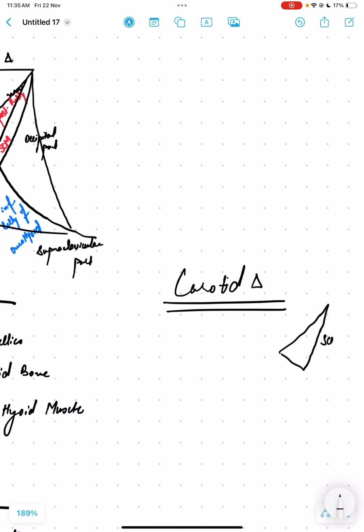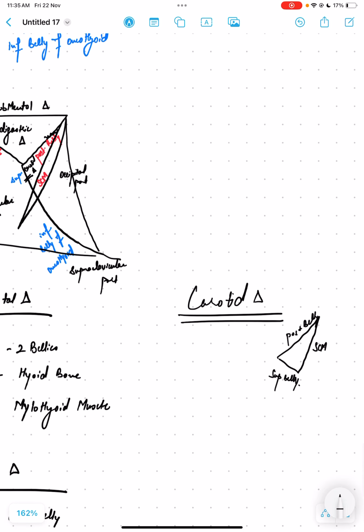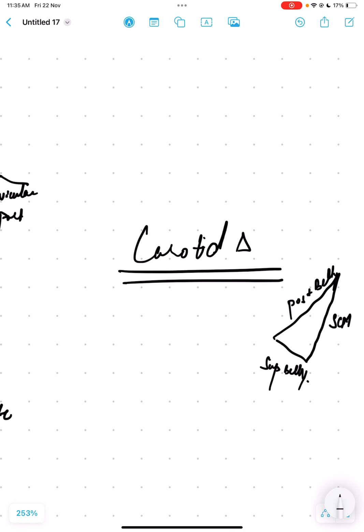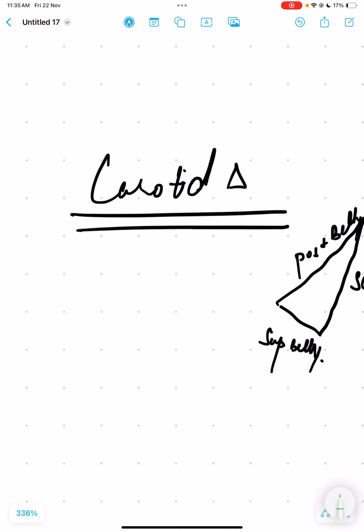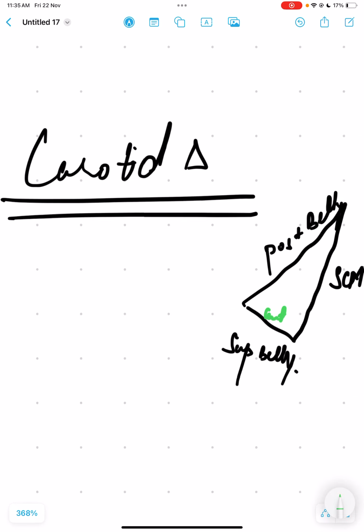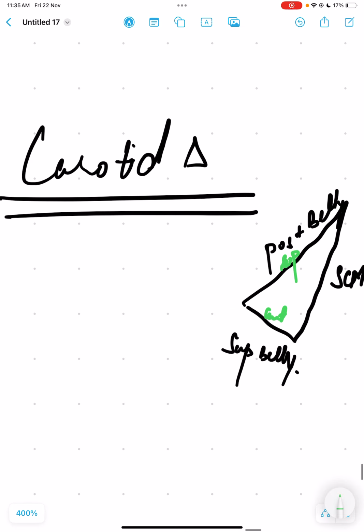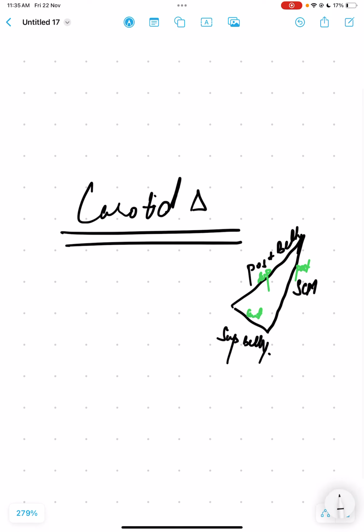This is the sternocleidomastoid, this is the posterior belly, and this is the superior belly of omohyoid. So this is our carotid triangle. Its parts are as follows: anterior, superior and posterior. So what can we see?